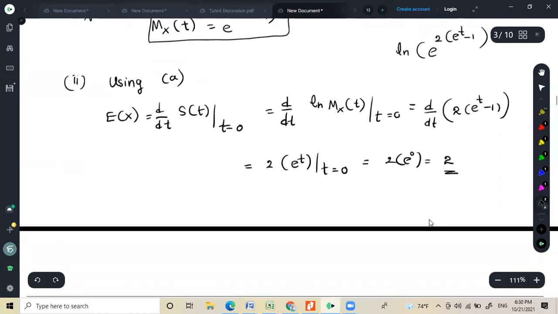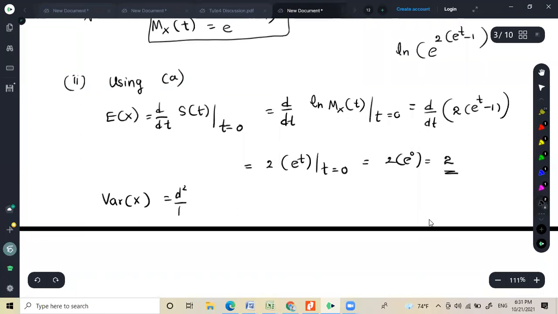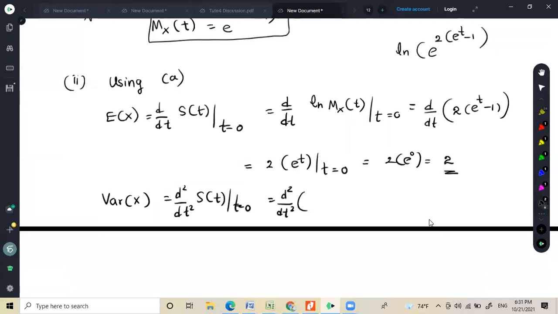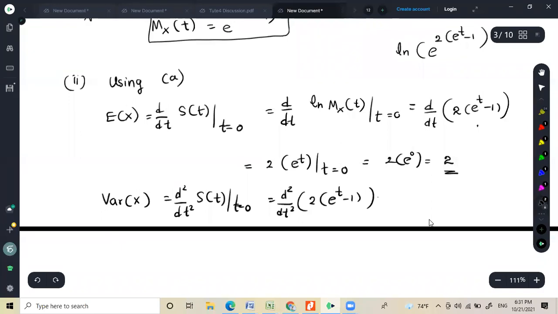What is the variance? Variance is the second derivative of S(t). So in our case, that will be the second derivative of this one, 2(e^t minus 1).